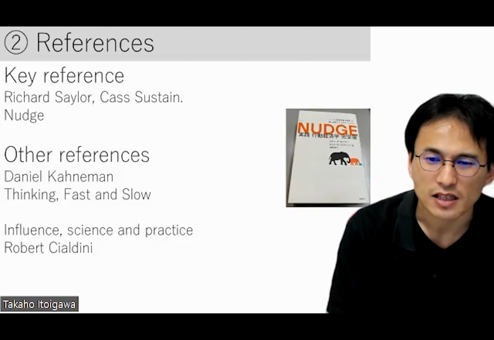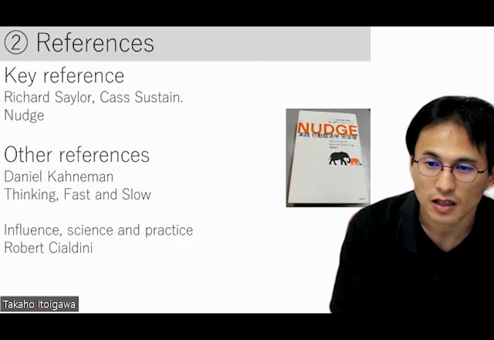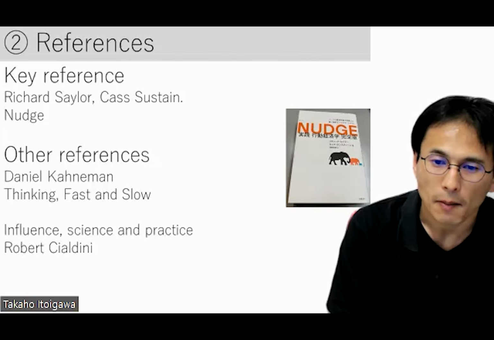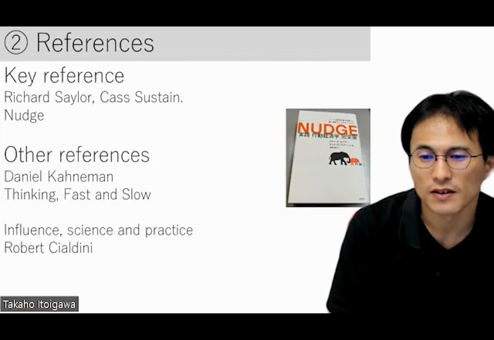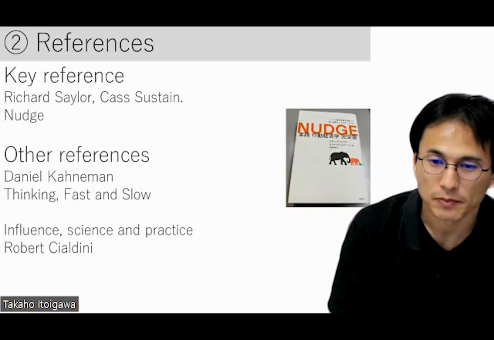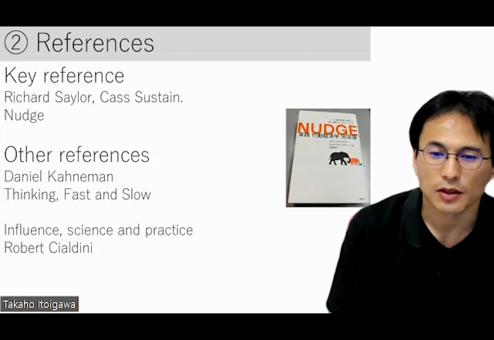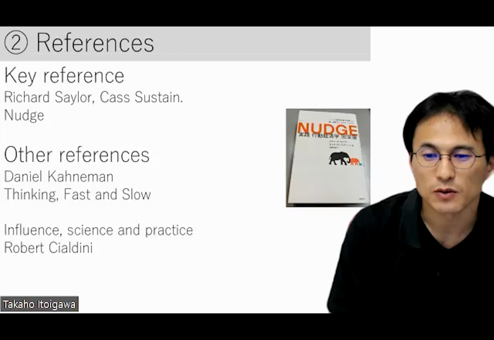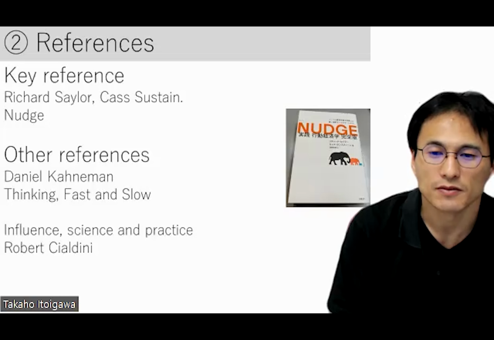However, it is not only about the concept of nudges, but also provides a wealth of examples of biases in human behaviors. It also contains answers to a wide range of questions about nudges, which is very helpful.